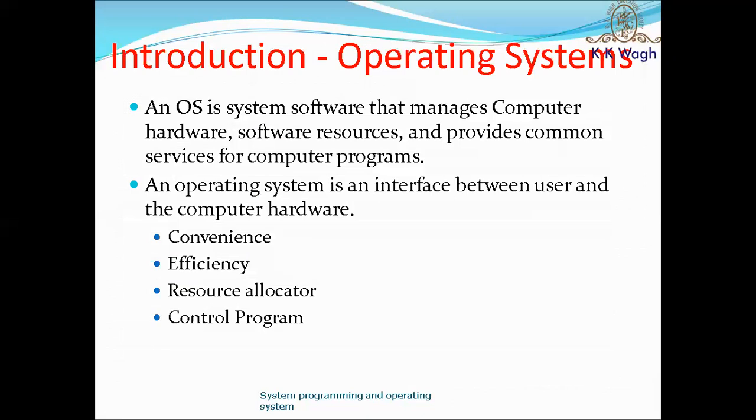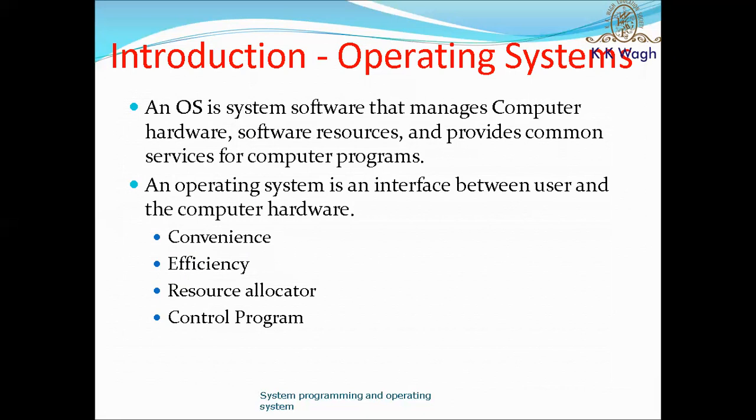Let us begin with the introduction of operating system. Basically, what is an operating system? The operating system plays an important role between the hardware components and the user. It plays the interaction between the user and the hardware.